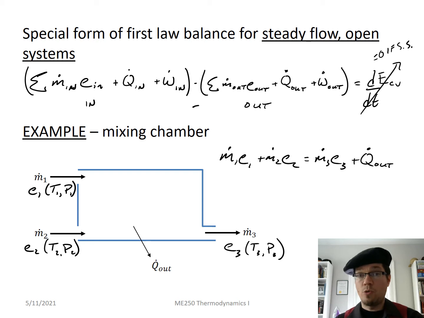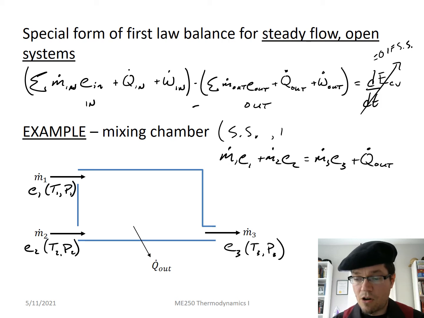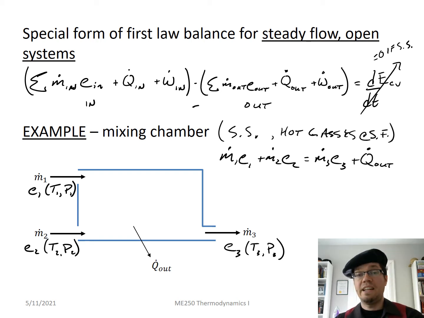And so we have no Q in, and we have no work in or out, and we have steady state. There's our system. So let's assume this mixing chamber is steady state, hot gases at steady flow. And in that case, there would be our energy balance.